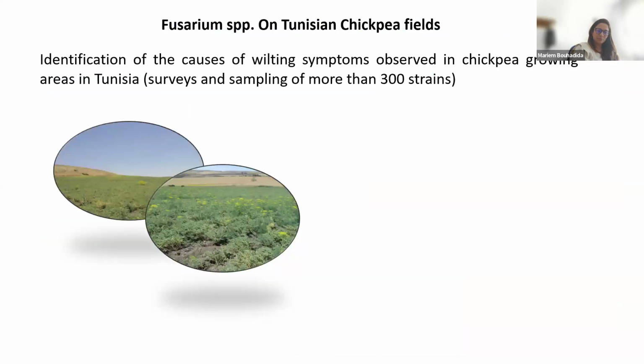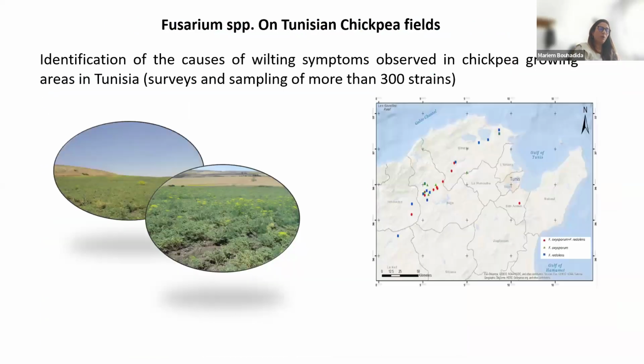Next slide. What we discovered is that we started observing symptoms of wilting on Tunisian varieties previously released for their resistance to Foc race 0, so we started thinking about identifying the causes of the wilting symptoms observed.